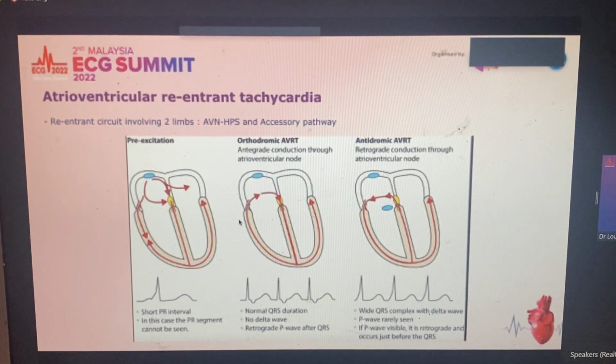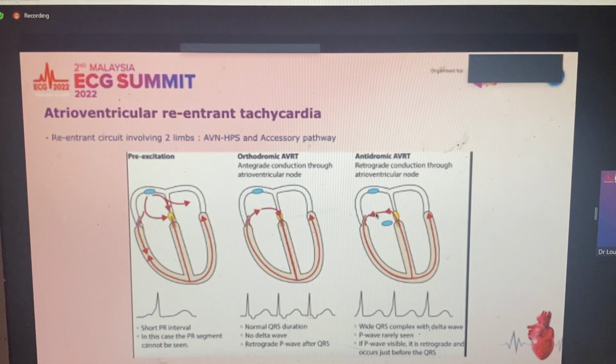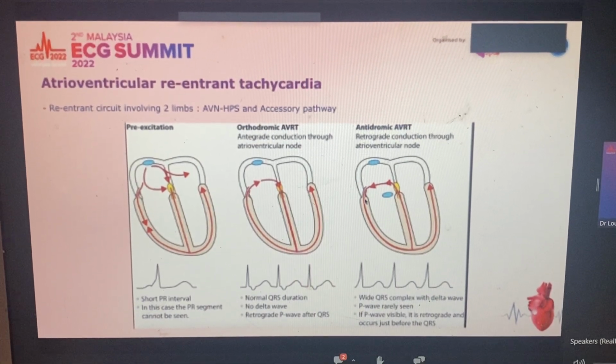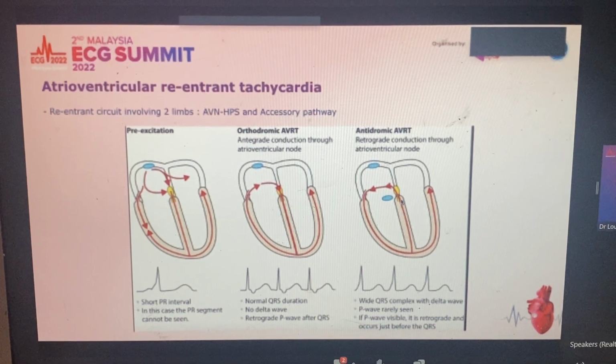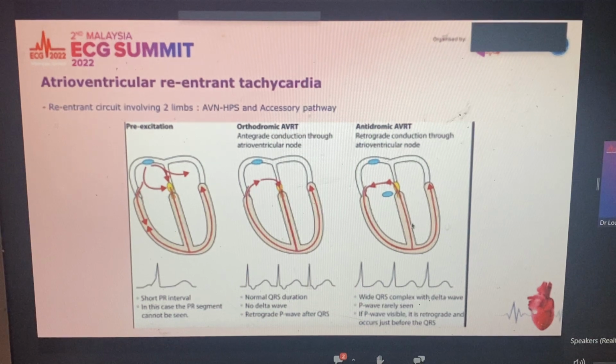And we term it antidromic AVRT when the tachycardia uses the accessory pathway as the antegrade limb and the AV node as the retrograde limb. This will cause a broad complex tachycardia, sort of like what you see in pre-excited AF.